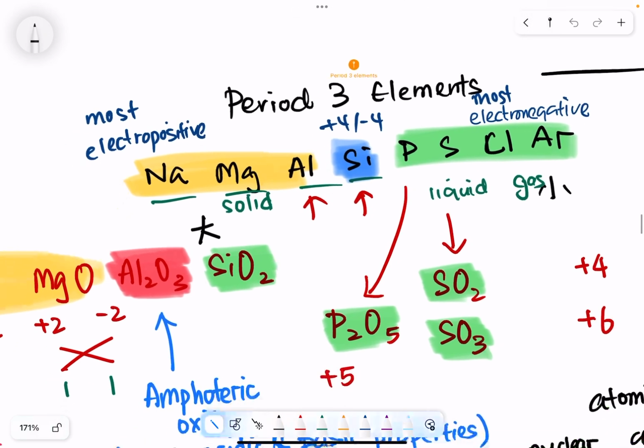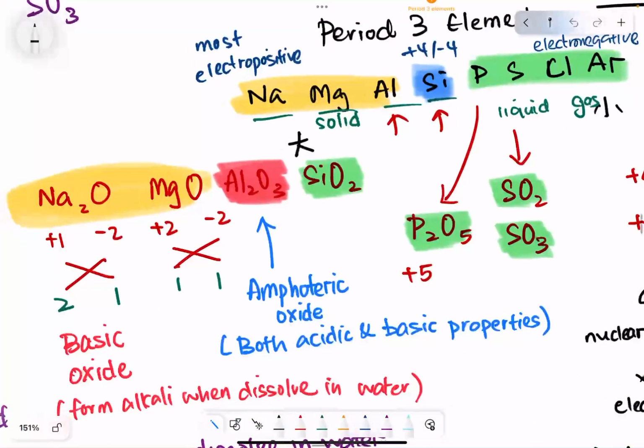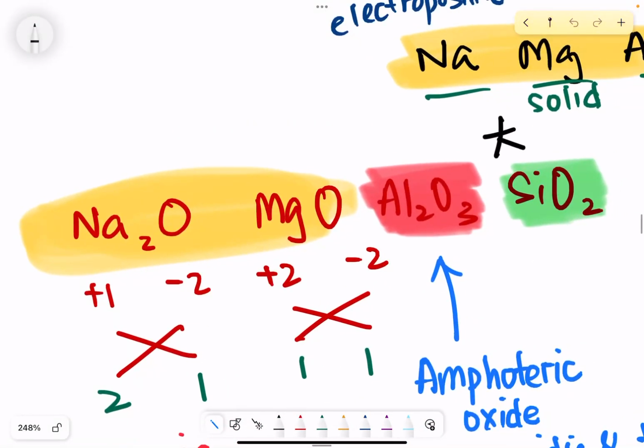Their oxides also carry some very interesting properties. As you can see, the ones in red color and highlighted in yellow tell us these two elements are basic, which means that when you put them in water, they are going to produce an alkaline solution. Or sometimes you can say that there's no way that they can react with any other bases.